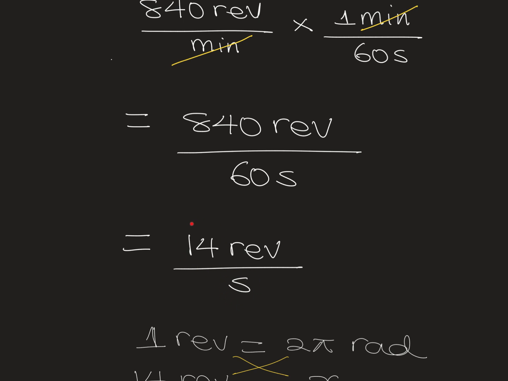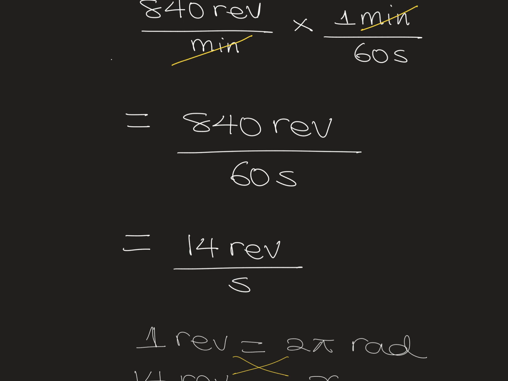If this is 14, it means that 14 revolutions have been performed in 1 second. So actually it is telling you the frequency. So we could use 14 here as our frequency when the unit of angular velocity is in revolutions per second, not radians per second.